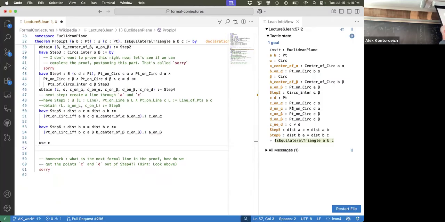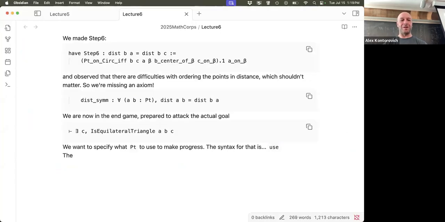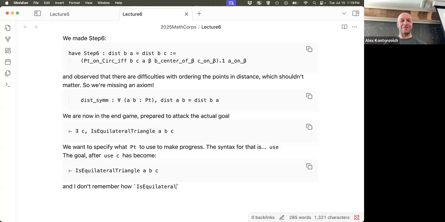Now, I don't remember what the definition of is equilateral triangle is. It's up there. I could scroll up to get it, or I could unfold the definition. So the goal after use C has become this. And I don't remember how is equilateral triangle is defined.